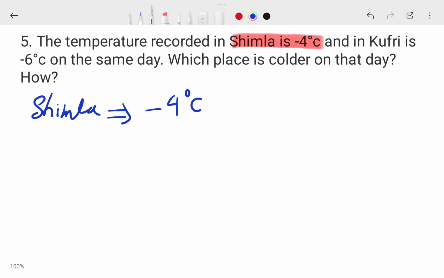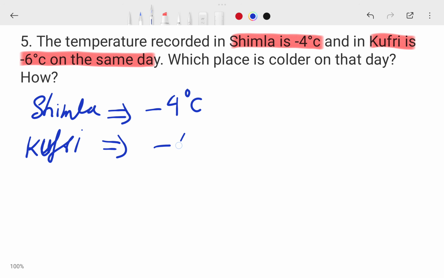And Kufri is -6 on the same day. What will be the temperature of Kufri? Kufri's temperature is -6 degrees Celsius. Which place is colder on the day?